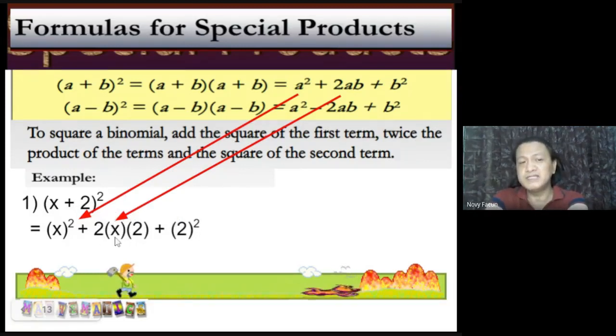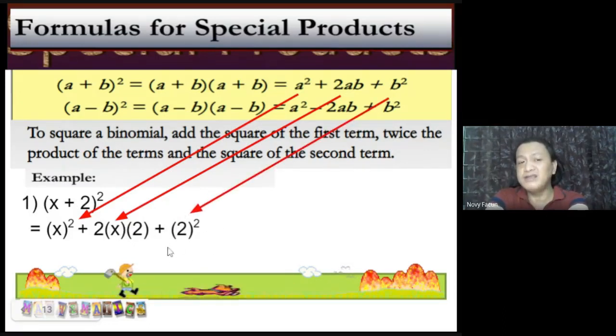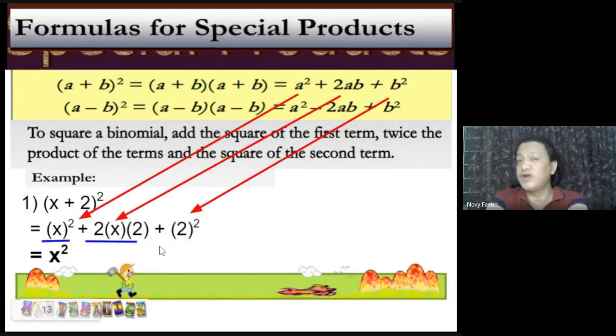Kaya 2 times x times 2 yon. And yung last natin ay square the last term or the second term. Yung second term mo dito ay 2, kaya 2 raised to 2 yon. If you're going to simplify this, we have x squared, same lang din siya. And we have to simplify the middle term, that will become 2 times x times 2, that is 4x.